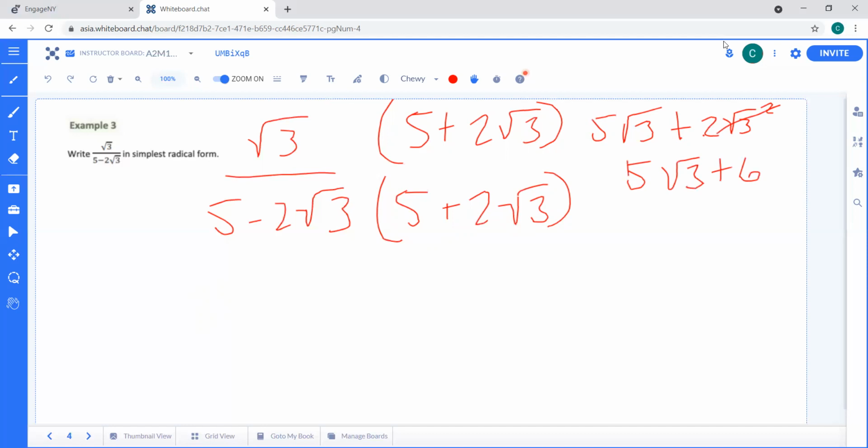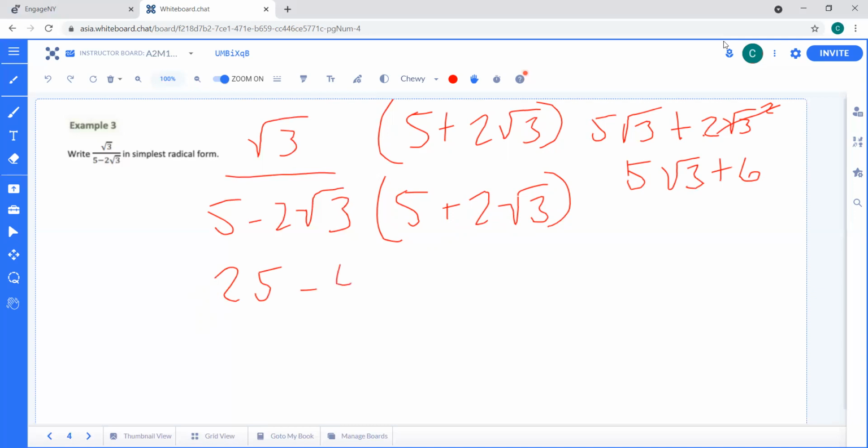Now, to do this bottom, we have conjugates. So I can do what? 5 squared is going to be 25. What's 2 times the square root of 3 times 2 times the square root of 3? It's going to be minus, because we're going to have a difference of squares, right?